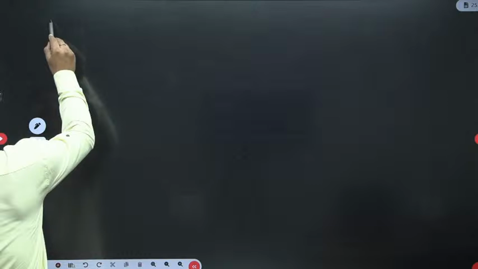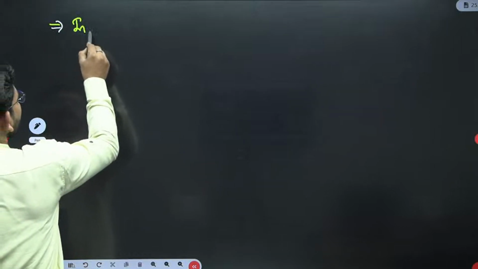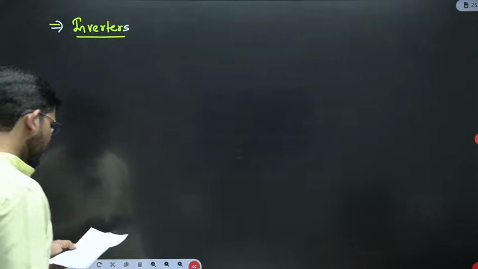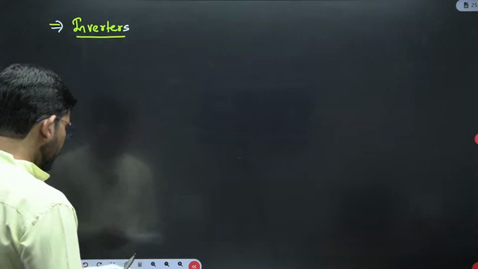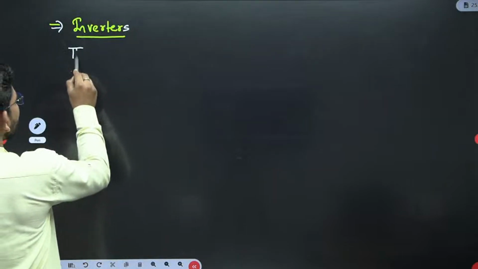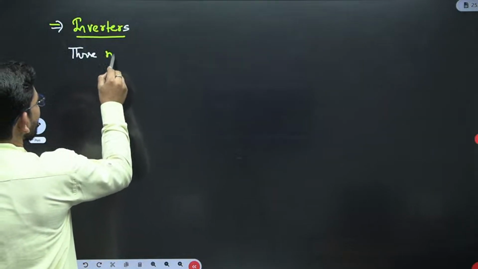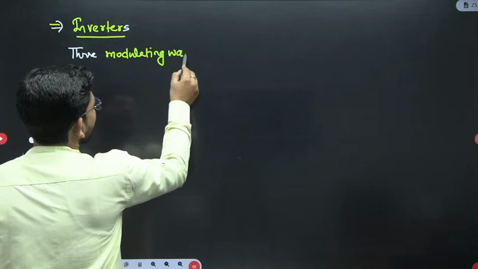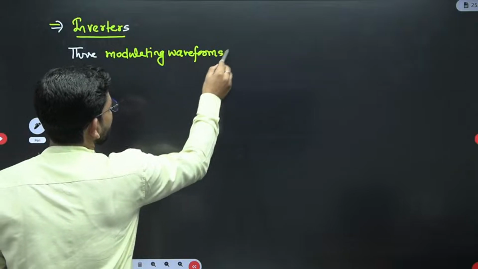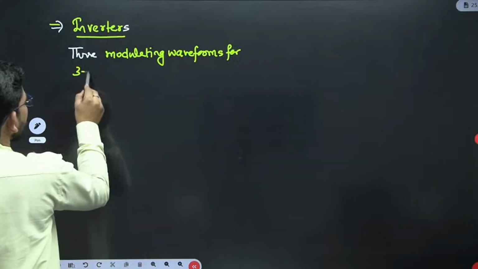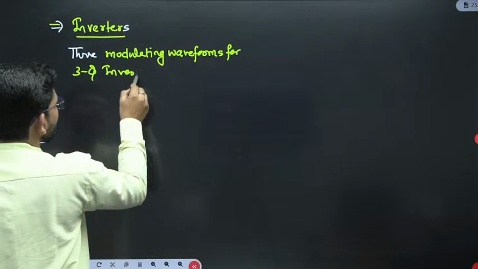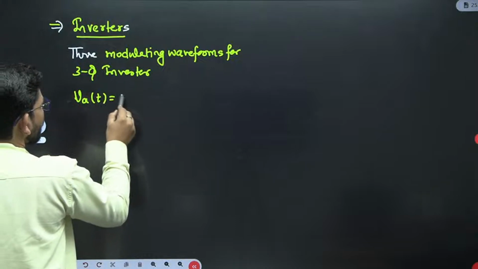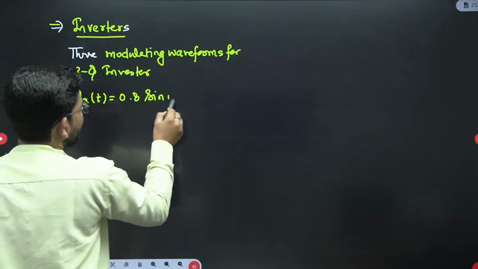The next question that we have is from inverters, right? And what was given? We were given 3 modulating waveforms for a 3-phase inverter, and those were VA, that was 0.8 sine omega t.